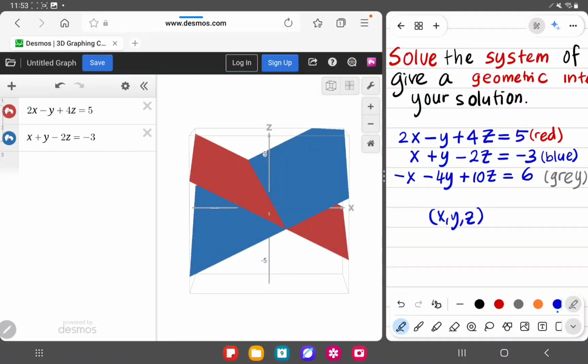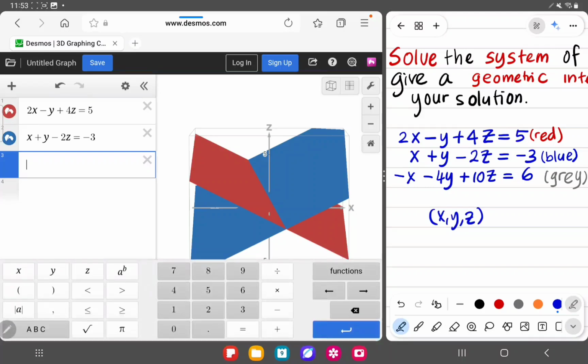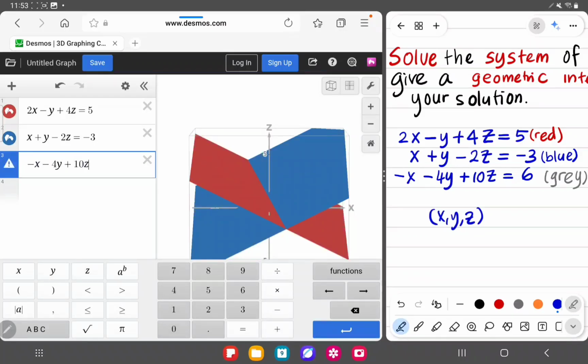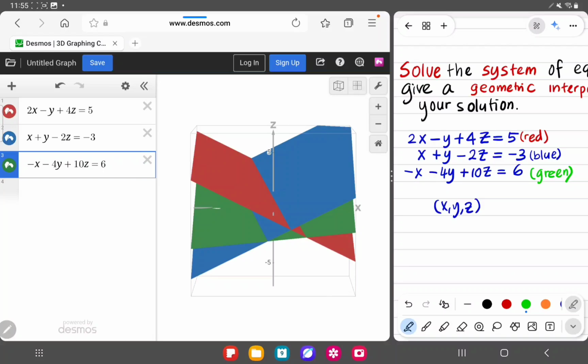The third equation, negative x, negative 4y plus 10z equals 6. This is the third plane, color green.